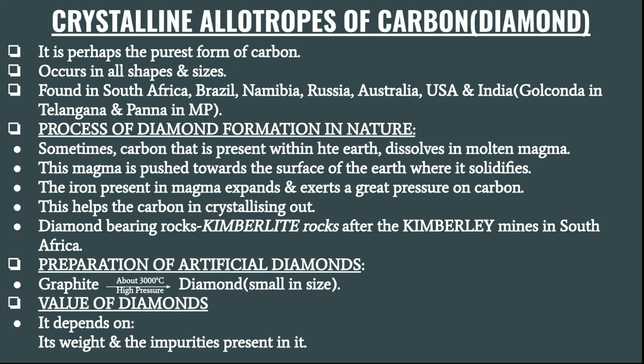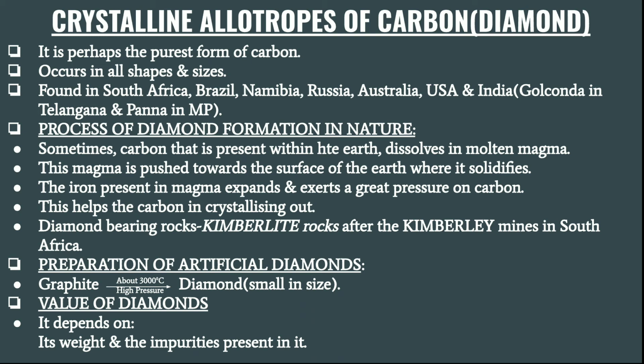Diamond bearing rocks are kimberlite rocks, named after the Kimberley mines in South Africa. I told you that graphite can be used for making artificial diamonds. Previously I discussed how diamond is formed in nature.